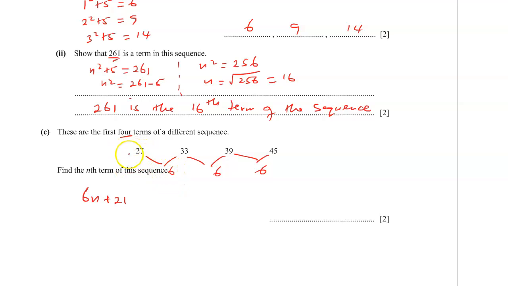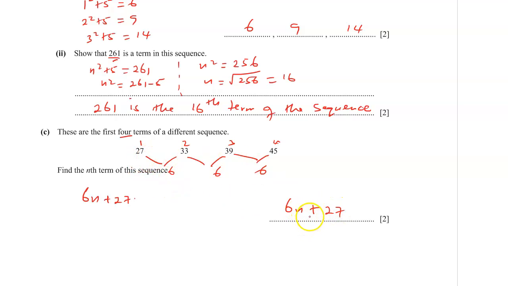Of course, when you subtract 6 from the first term, you get to 21. Actually, this is 27, not 21. So 6n plus 27.